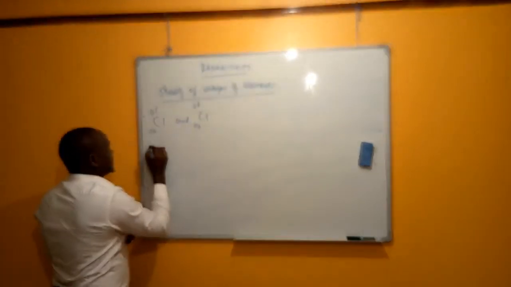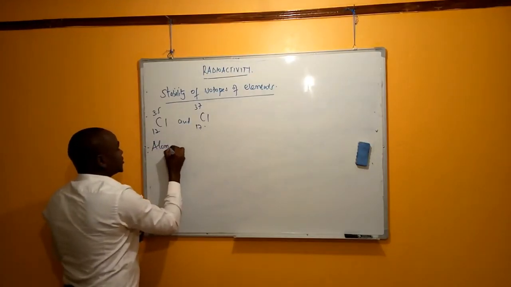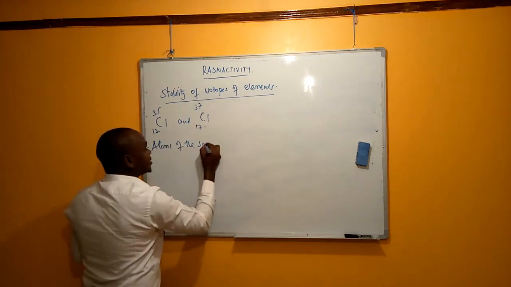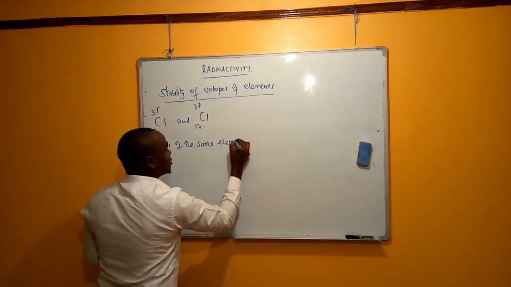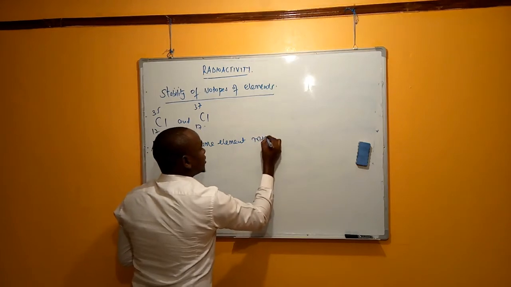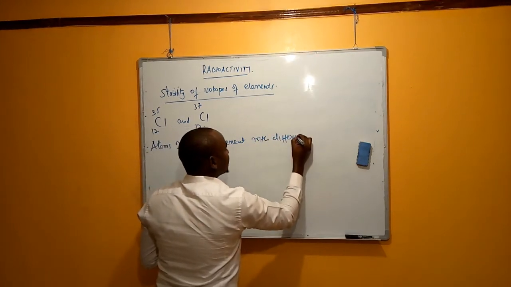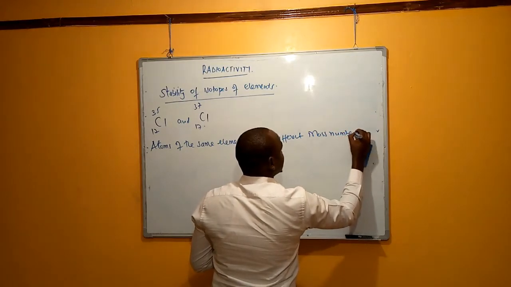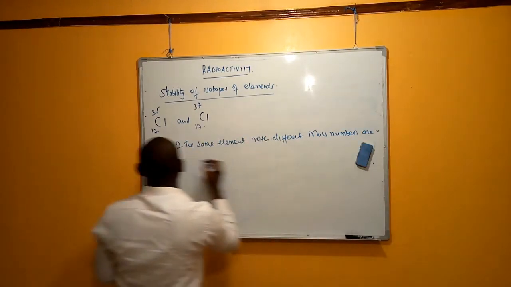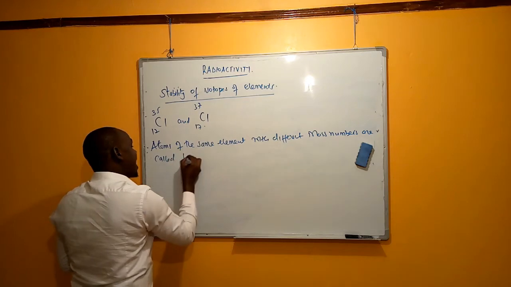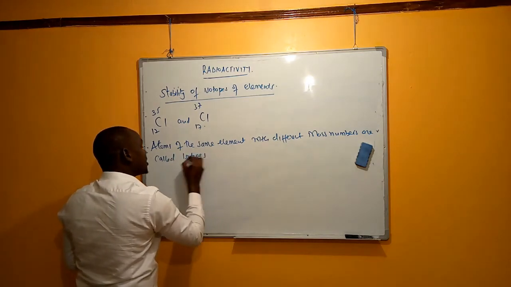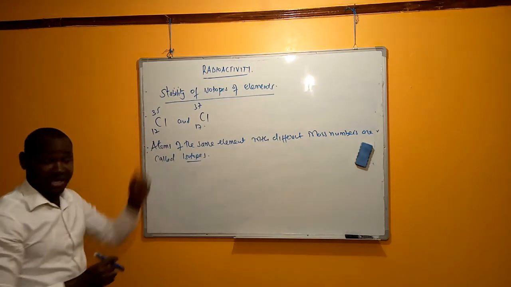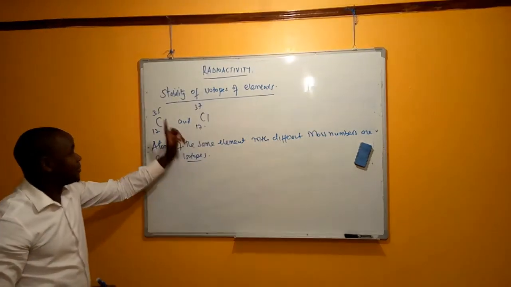So we can say that atoms of the same element with different mass numbers are called isotopes. A good example is that of chlorine. They have the same atomic number but different mass numbers.